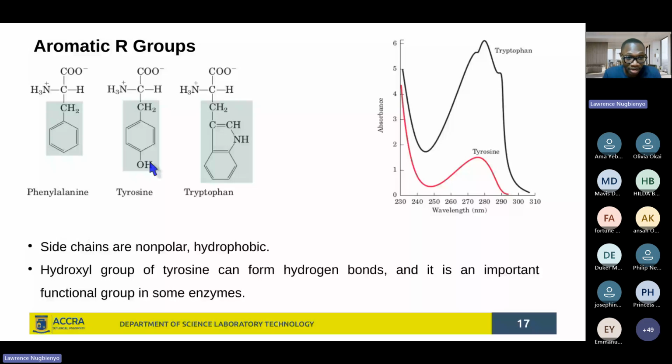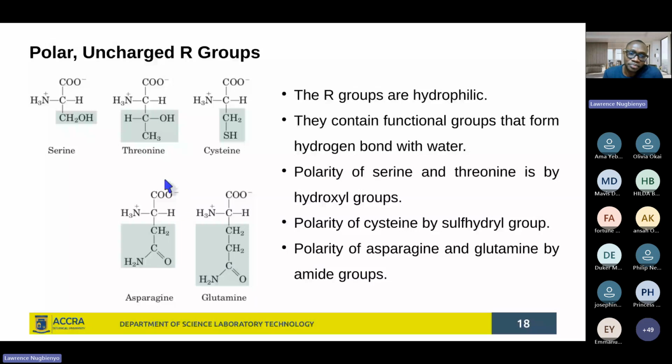This time around, tyrosine having a hydroxyl group can form hydrogen bonds, which means it will be hydrophilic. So it can form hydrogen bonds with water molecules. Right. Now, we move to another group of amino acids that have polar side chains.